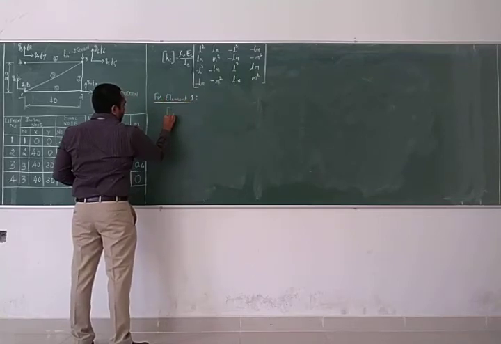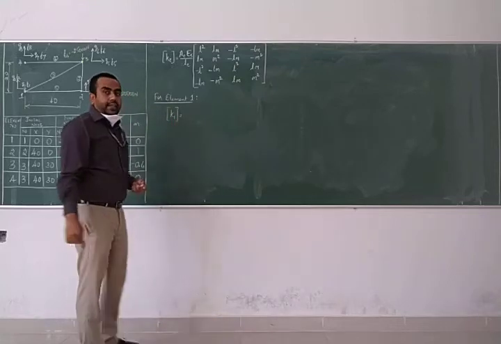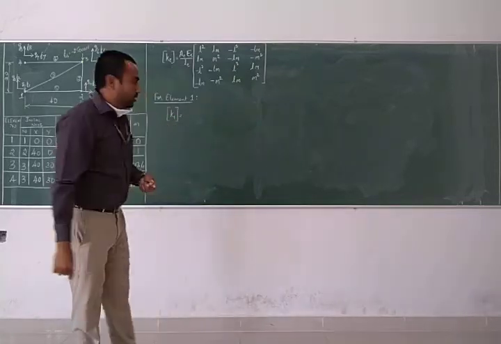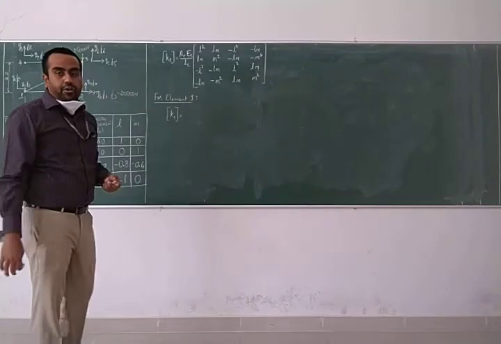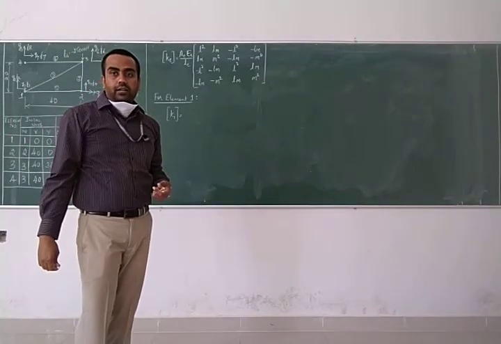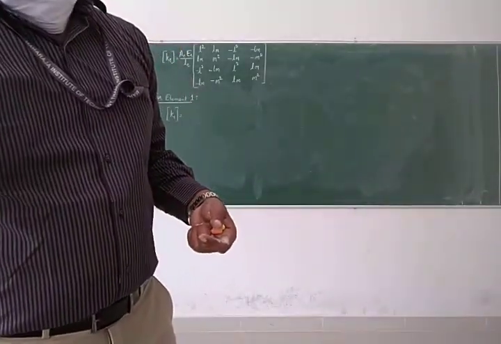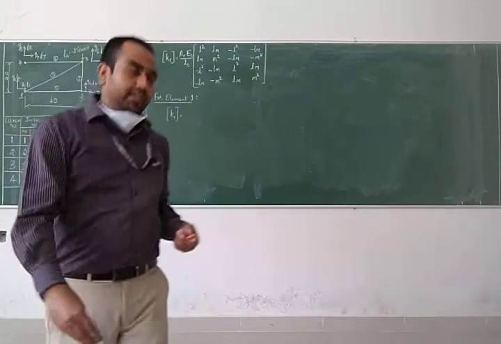K1, small k, suffix 1, is given by, what is the area value for element 1? It is the same for all the elements. Area is given as 100 millimeter square. I'll just cross check with the question once. Yes, 100 millimeter square.